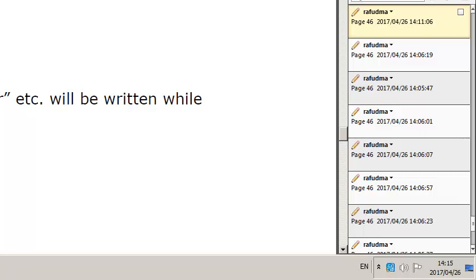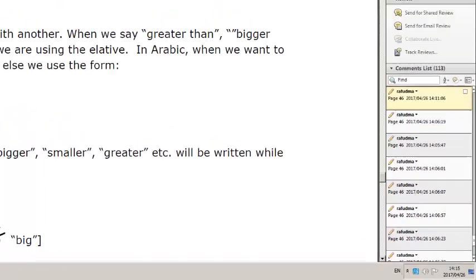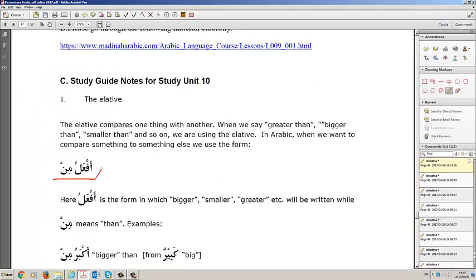Now, in Arabic, the typical form you use to state this elative or comparative is called af'alu min. What I mean here by the form is that this is the structure of the elative.